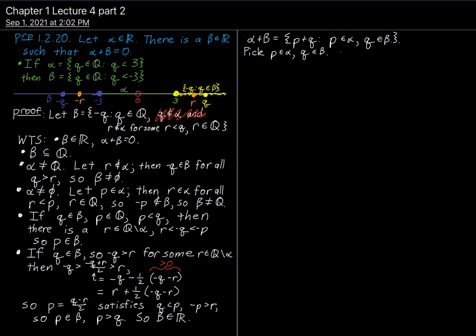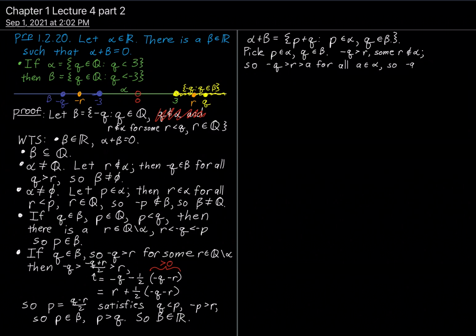And then negative Q is greater than R for some R that is not in alpha. So that means that negative Q is greater than R is greater than A for all A in alpha.